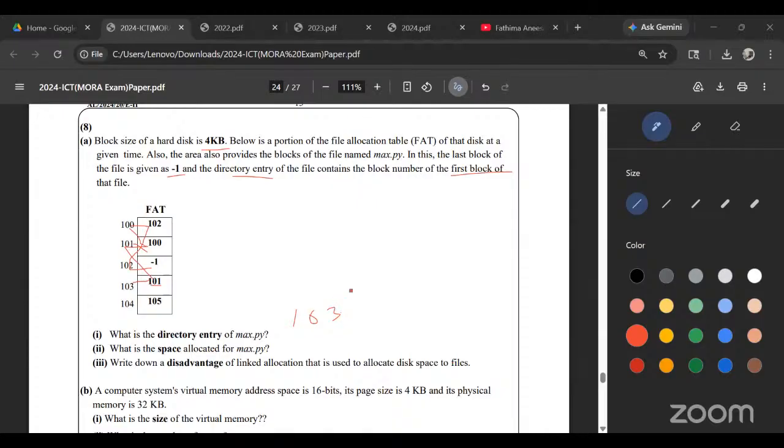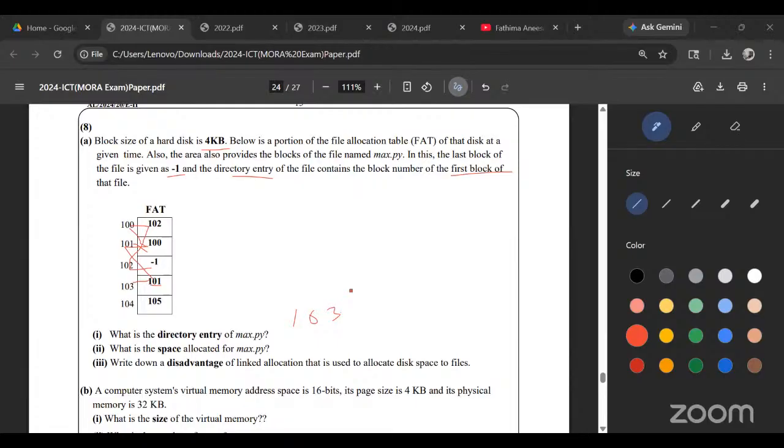The second question is, what is the space allocated for max.py? Now, first we calculate how many blocks there are.